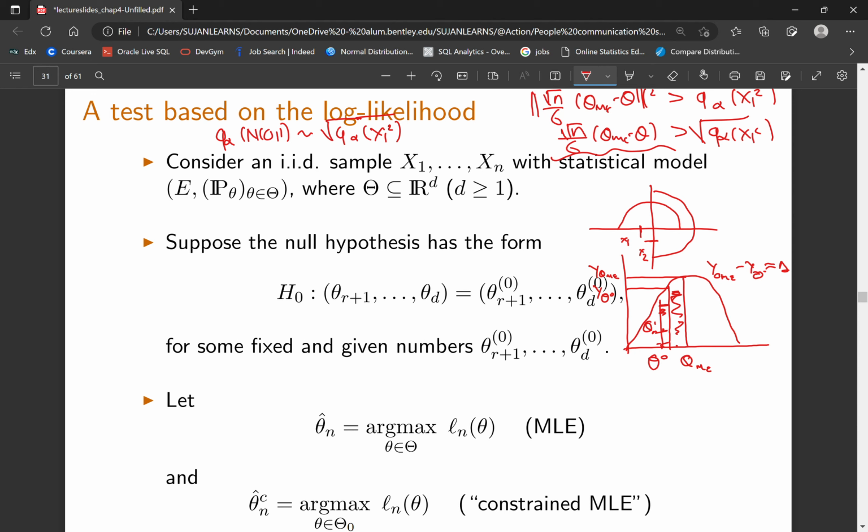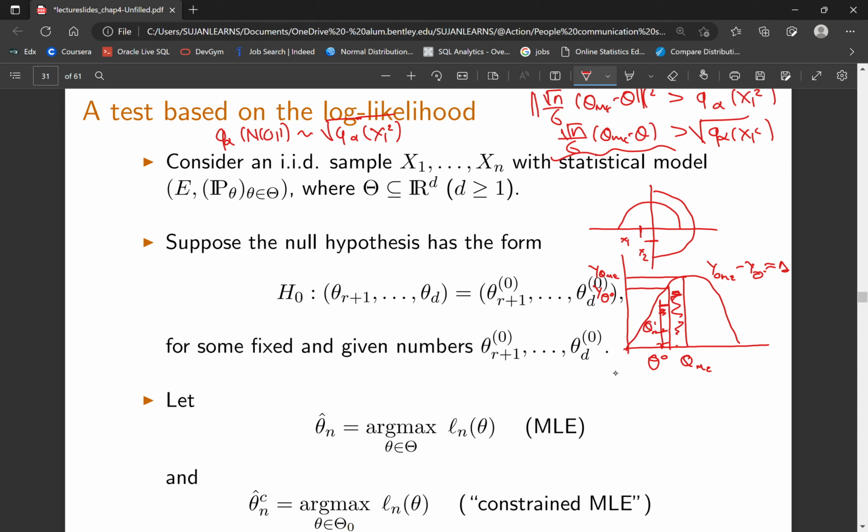Now assume that theta is multivariable, that it has many variables. Can we assume this? Yes, we can. It is not only a single variable, but a multivariable, and it has many coordinates. Theta and theta naught have many coordinates.